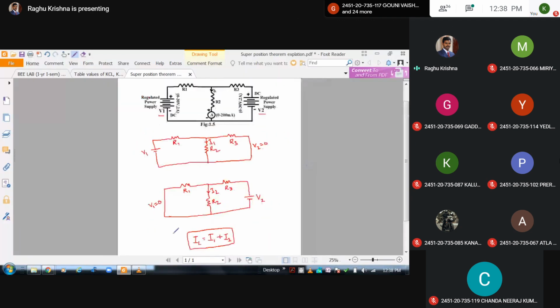Here, IL is equal to I1 plus I2. Have you understood? This is the superposition theorem. So the response through any branch is equal to the sum of the responses when each individual source is acting alone and other sources are deactivated.